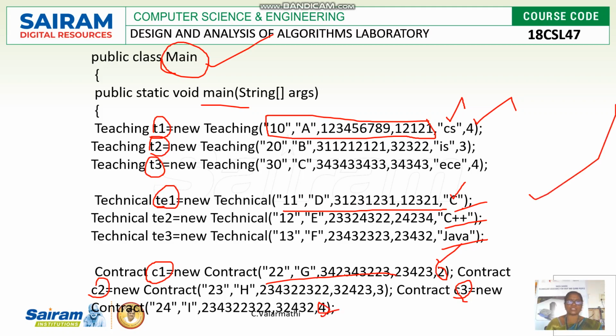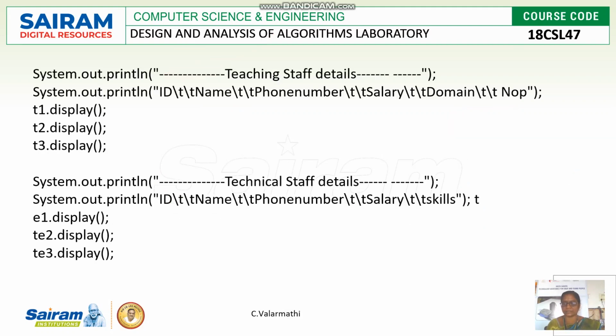Likewise, the corresponding constructors of the subclasses are created. Now, the next purpose is to call the display. For each subclass, we need to make the tables with proper headings. So for that, we are using the println method with first its ID, then giving two tabs as a gap, name, phone number, and then salary.